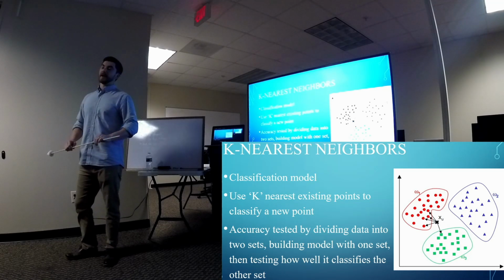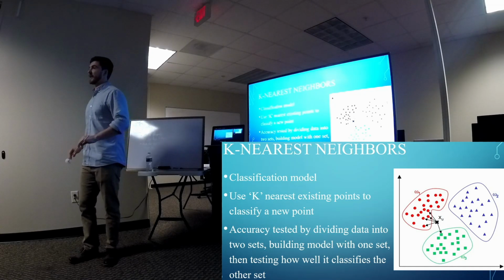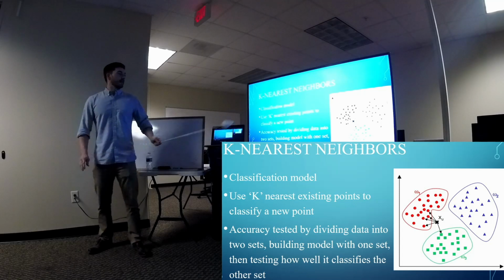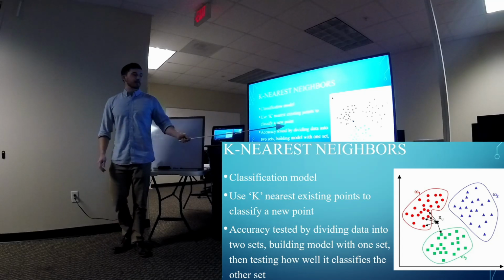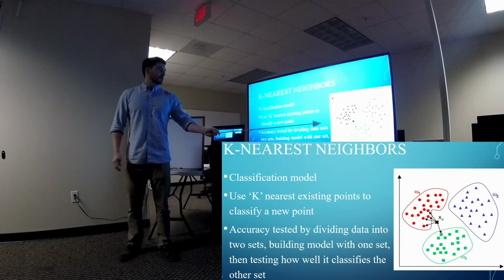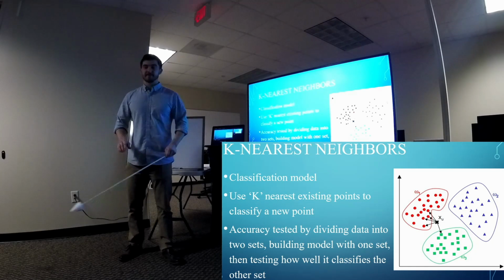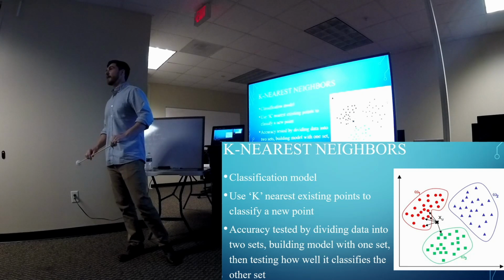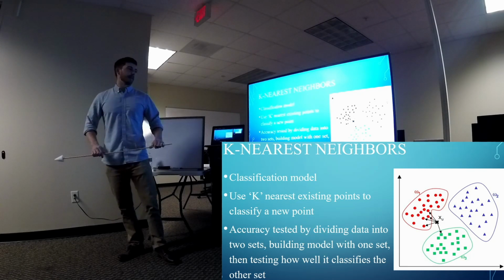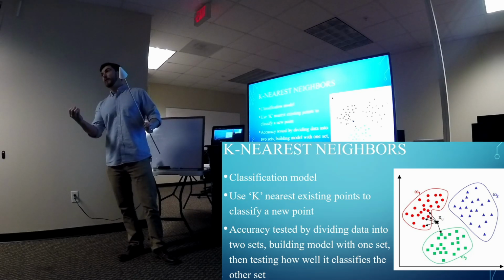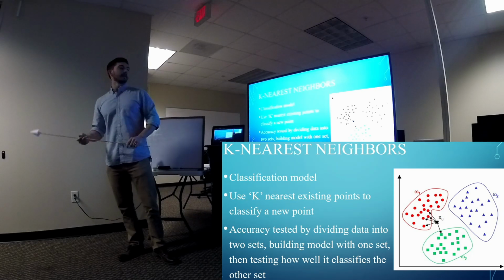Usually it's about 80% training, 20% test, which is kind of the standard ratio. So you take your training set, your 80%, and you create your model with it, and then you take the 20% and attempt to classify them. When it classifies correctly, it's good. Basically the accuracy is the ratio between the total testing points and the number that you get right. Pretty simple.